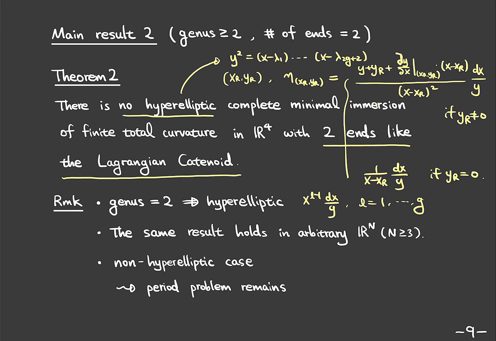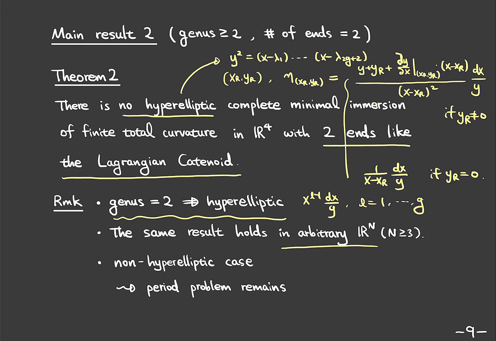And now the similar idea gives theorem 2. As a remark, we know that genus 2 is always hyperelliptic. And also the same results hold in arbitrary Rn.